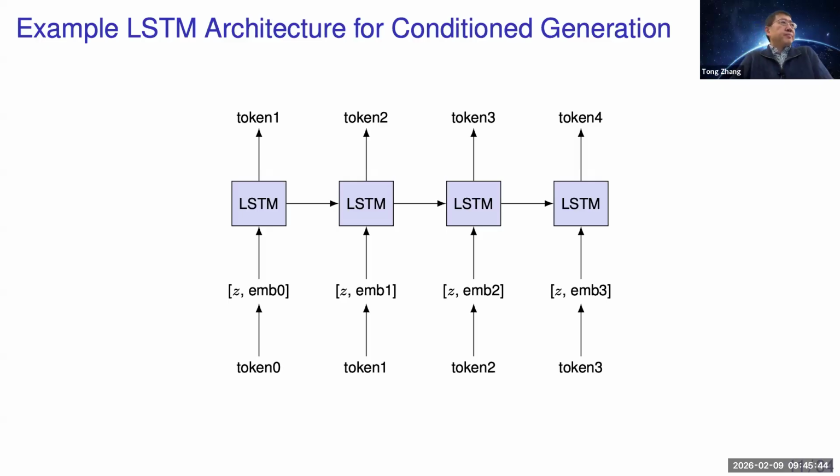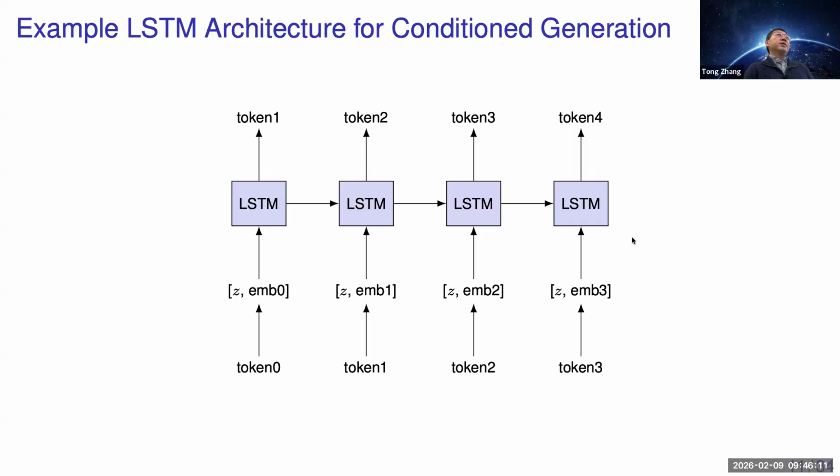So, LSTM: essentially, each token goes to an embedding and becomes a vector for each token. You generate tokens, usually always with next token prediction, from token 0 to token 1, token 1 to token 2. This we know, and we talked about it last time. Then the simple design here is just to concatenate all these vectors to each position.